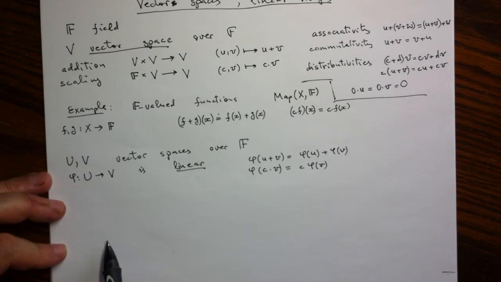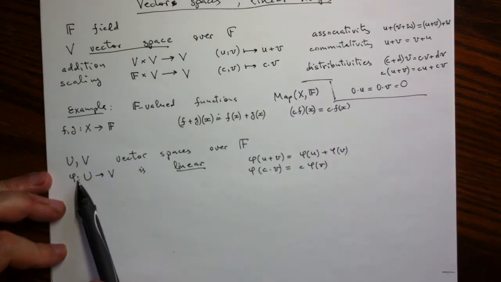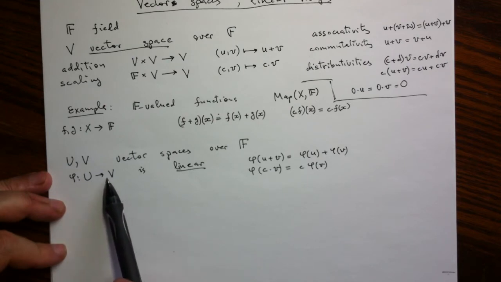These two properties are aligned with the structures we have in the vector spaces U and V, and a map with these properties is really a strong relation between these two vector spaces.